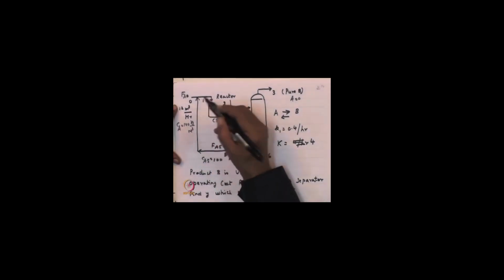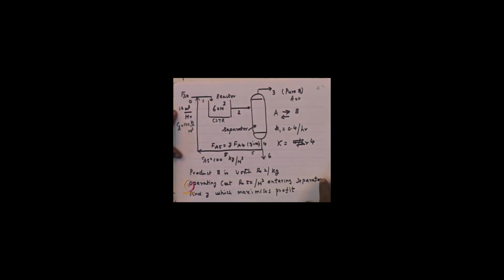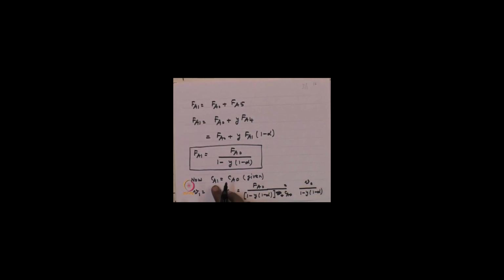This is stream 5, that is, C A 5 is also 100 kg per cubic meter, so that at position 1 our concentration is also 100 kg per cubic meter. That is what is being said here.